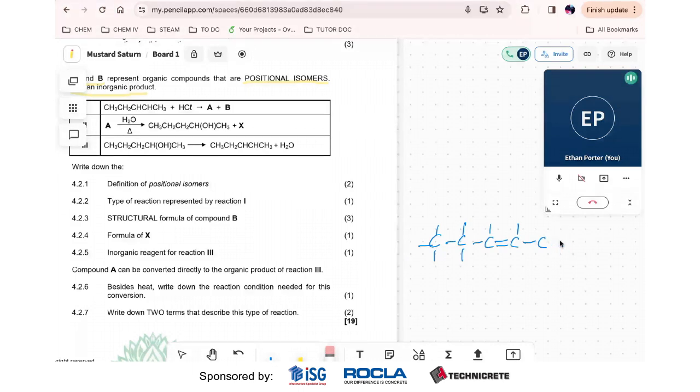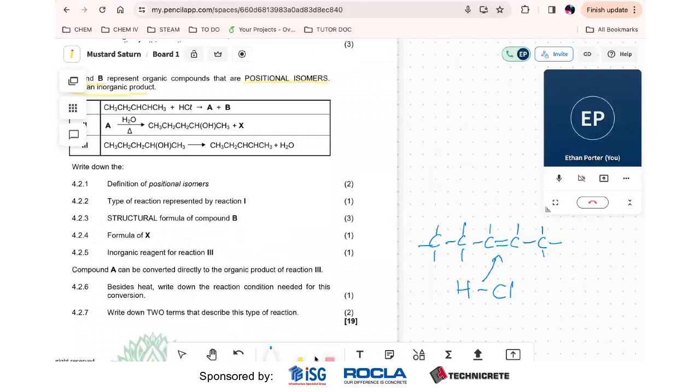Or just to be consistent, I'll draw in the sticks that represent hydrogen. And then we have HCl. And definitely what we know is that HCl is adding across this double bond.